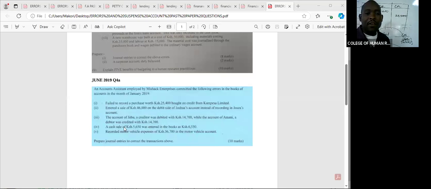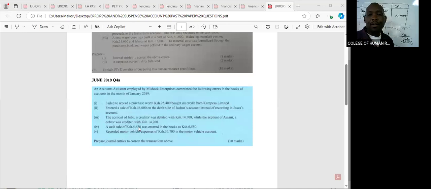Sales account has 900 extra on the credit, so we shall debit 900 on sales account, so that the account will remain with the correct balance. For the cash account, it was debited by 900 extra. We shall credit the cash account to subtract the 900 extra, so that the account will remain with the correct balance.